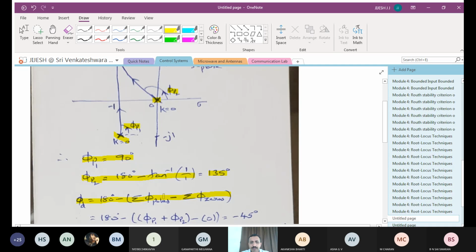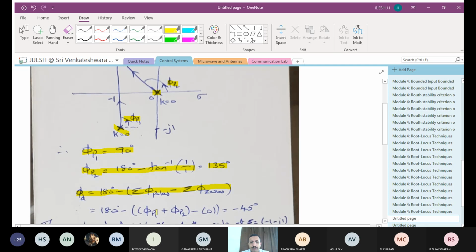So summation of phi poles means you have to do phi of p1 plus phi of p2, because you have to take the summation of that. And for the zeros, there is nothing to worry about, as you don't have any zeros in this problem.